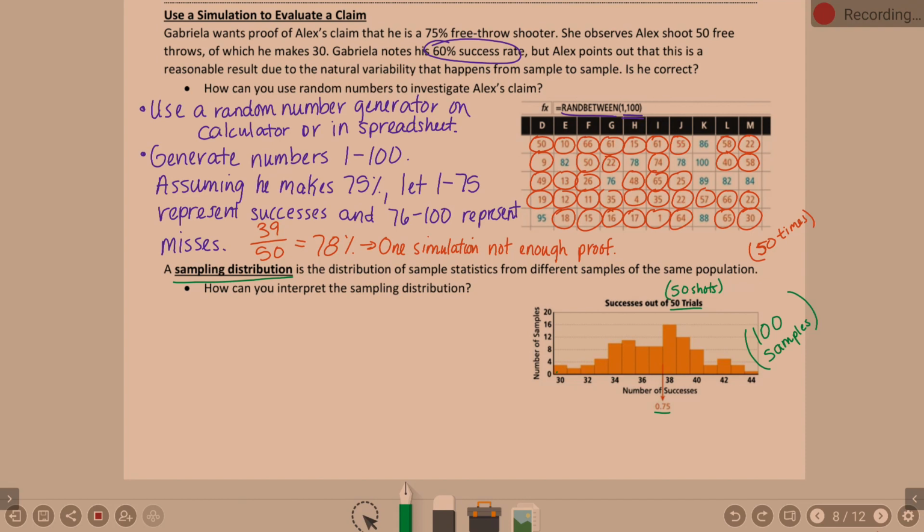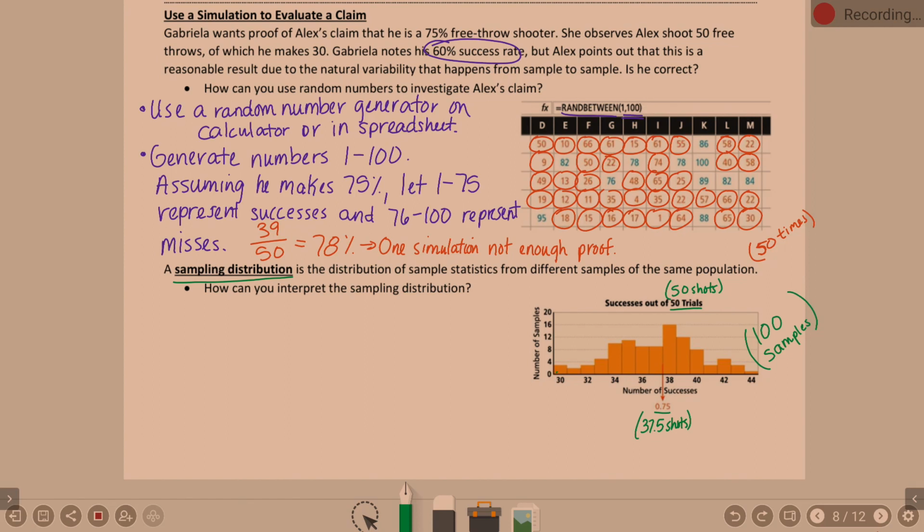Okay, there we go. So when we talk about a 75% success rate, that is 37.5 shots made. So in order to be a 75% shooter, how do you make half a shot? It's data, okay? It's a simulation.